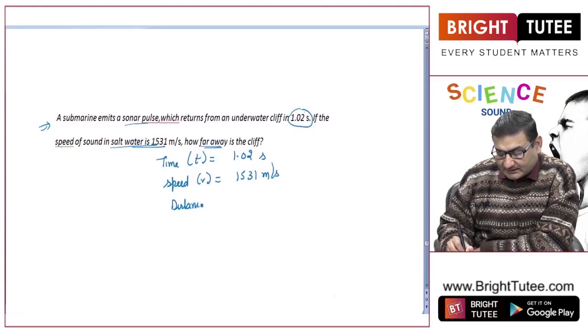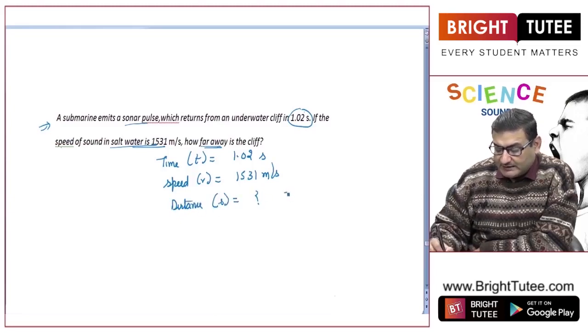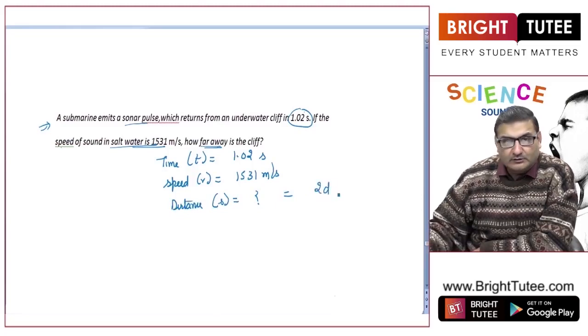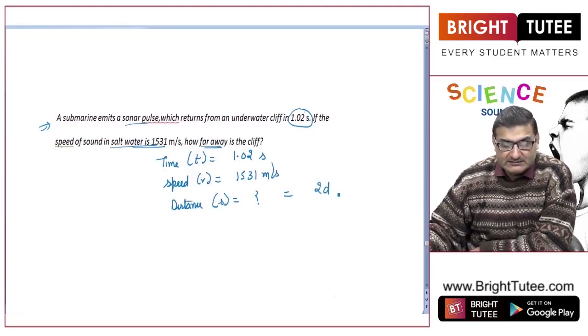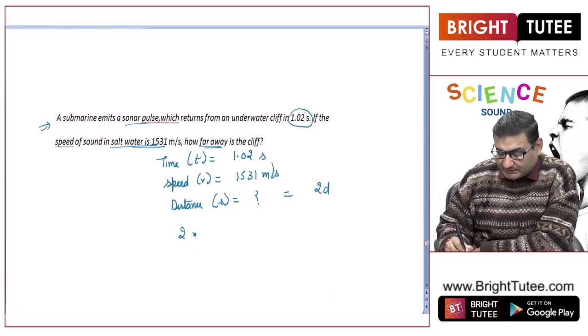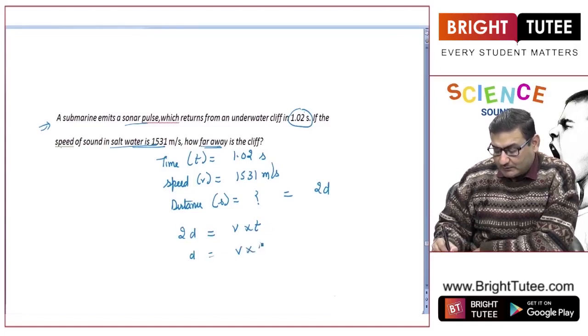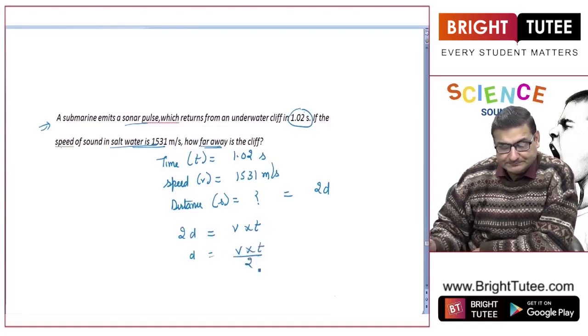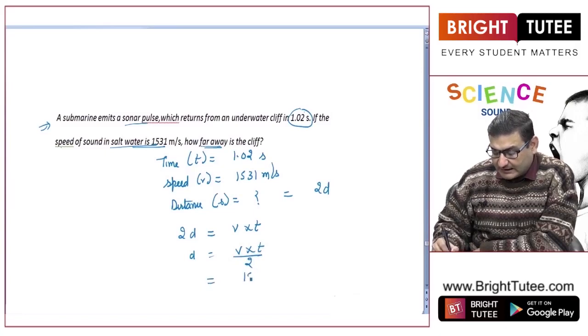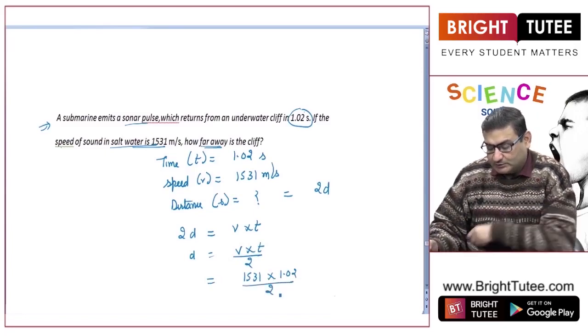Once again, the distance travelled we have to calculate, which will be equal to 2d, let us say, d being the one side distance. Again putting up the values, distance, that is 2d, will be equal to product of velocity and time. D will be equal to v into t divided by 2. Putting the values, I will get 1531 into 1.02 divided by 2.